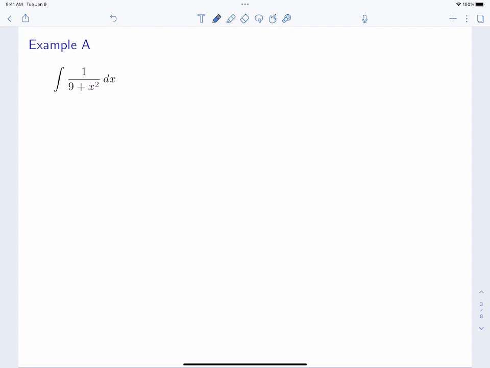And in fact, the idea here is we want to use the rule, the integral of 1 over 1 plus, let's say, u squared du is equal to inverse tangent of u plus a constant, for whatever choice of u we want for this problem.